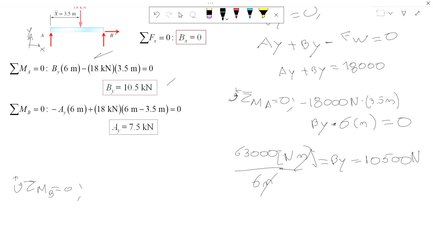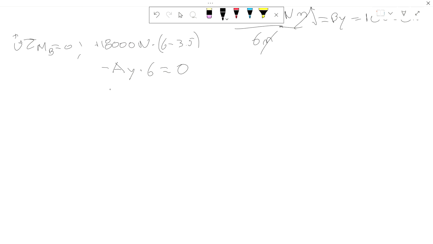So at B, Bx and By are 0. 18,000 is going to be positive times the length, which is 6 minus 3.5, okay, so 2.5, right? And this is counterclockwise. AY is clockwise, so negative, times 6 is equal to 0. Negative AY times 6.